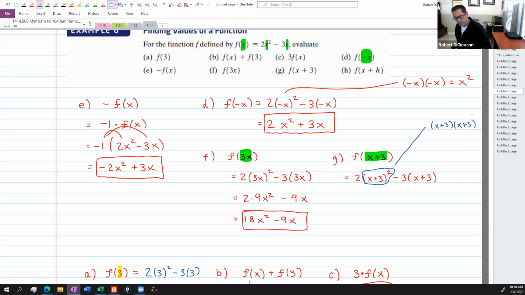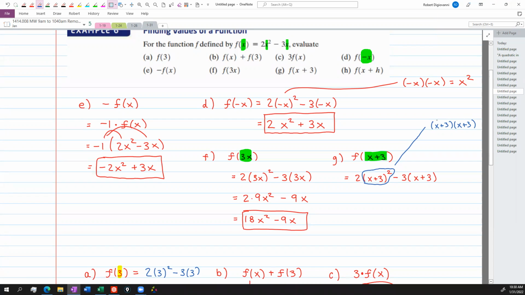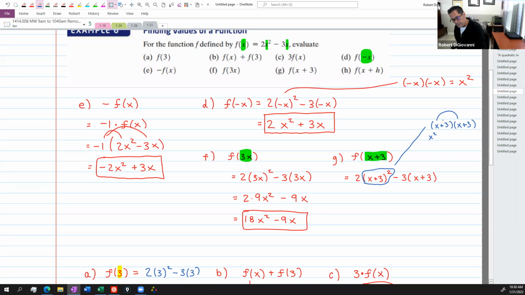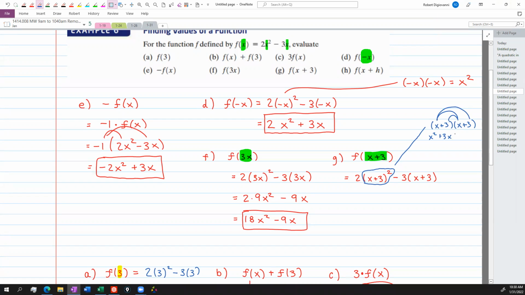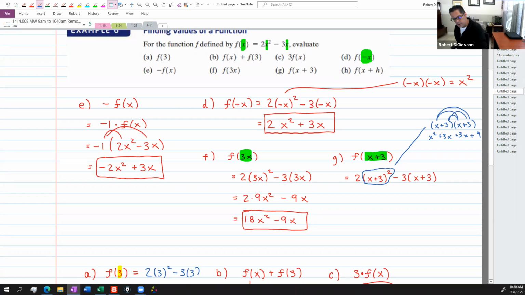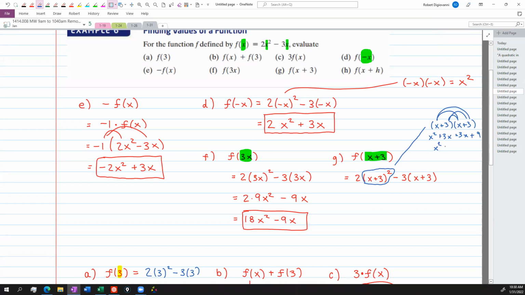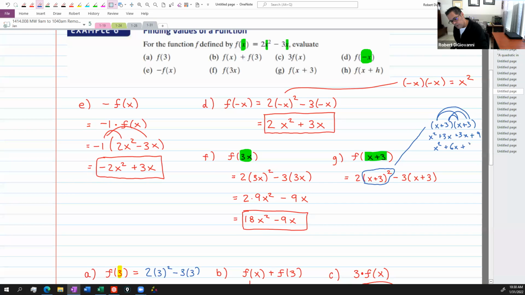What would you have? Okay, so you'd get x squared plus 3x plus 3x and then plus 9. Okay. And then collect your like terms. And then you get x squared plus 6x plus 9. Perfect. Okay.